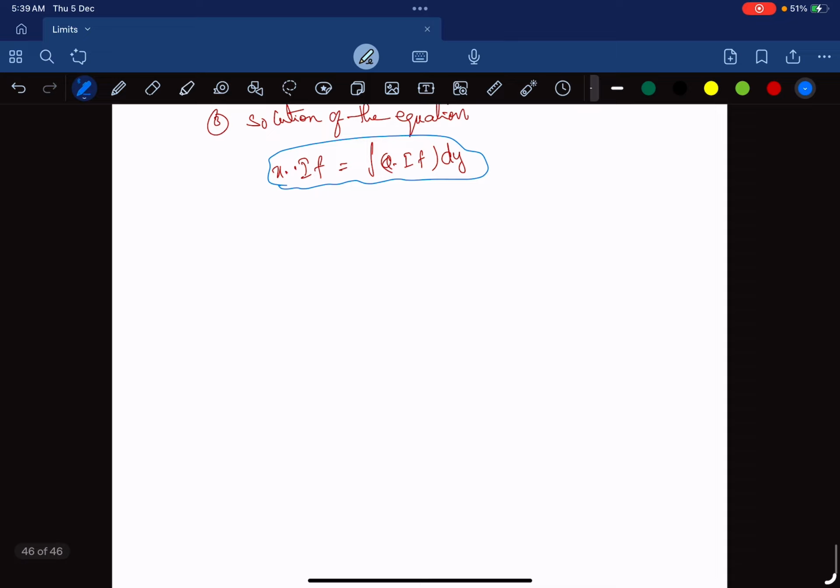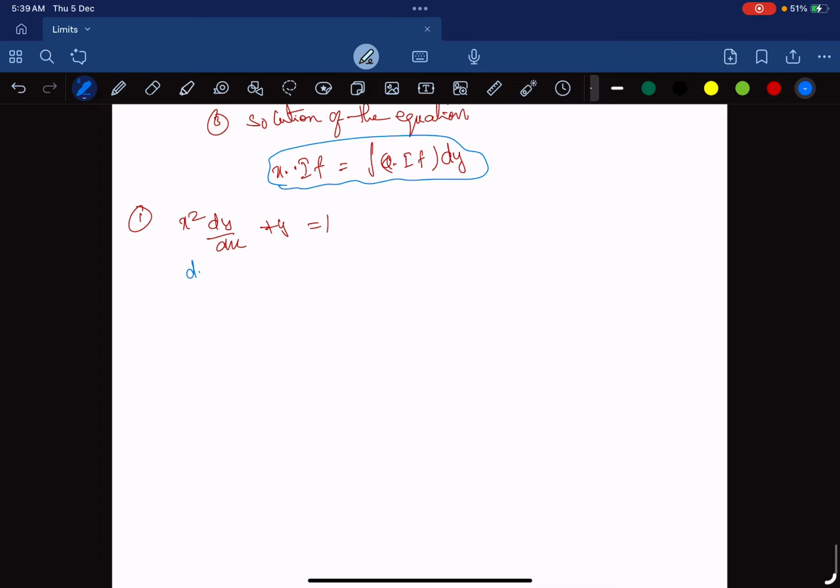Let us take an example of a linear differential equation: x square dy by dx plus y is equal to 1. The coefficient of dy by dx is x square, so make the coefficient equal to 1 by dividing the whole equation by x square.